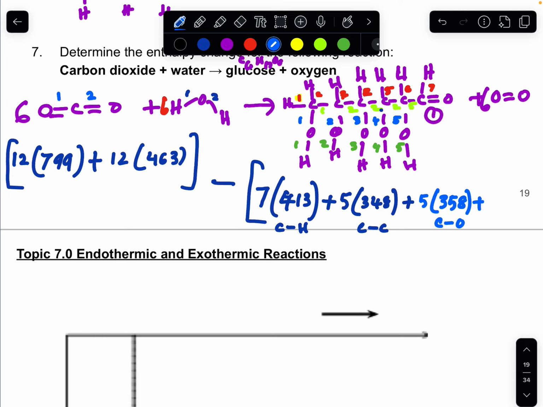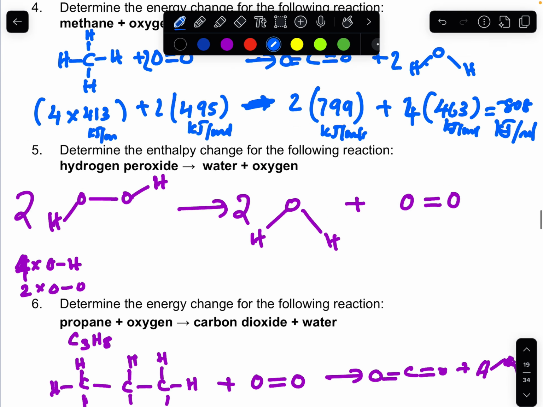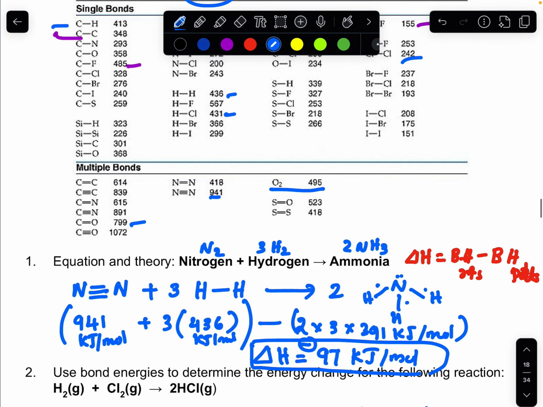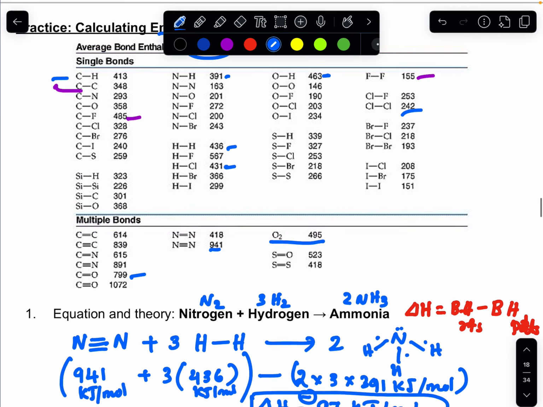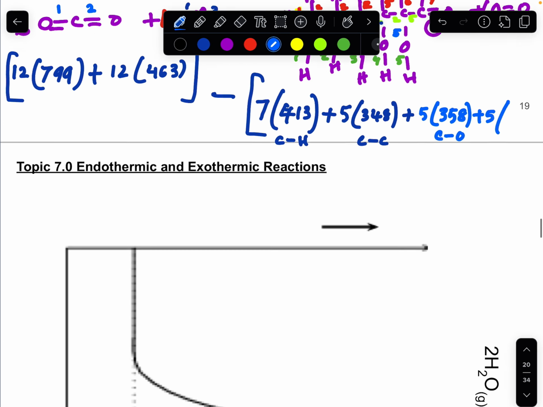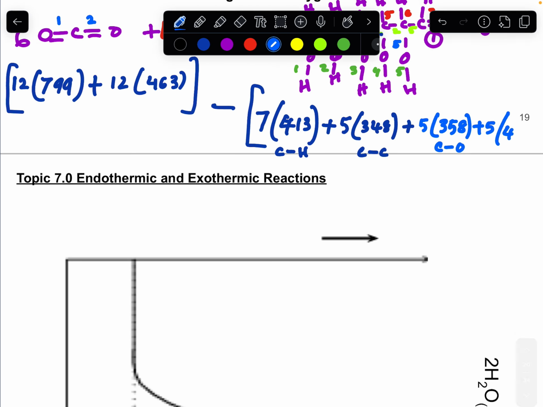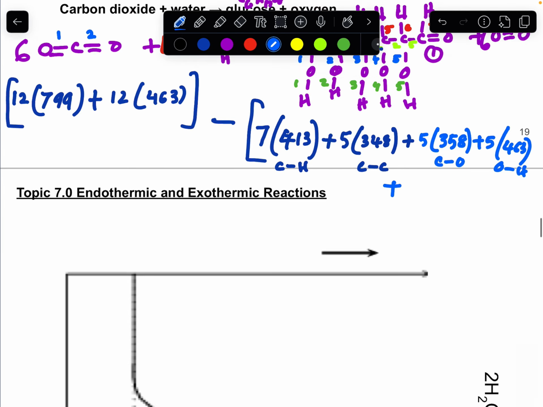Okay, how many OH bonds are there? These are the OH bonds. So 5 OH bonds. So 5 times, and the value for OH is here, which is 463. Okay, then I am running out of space, so that is OH.